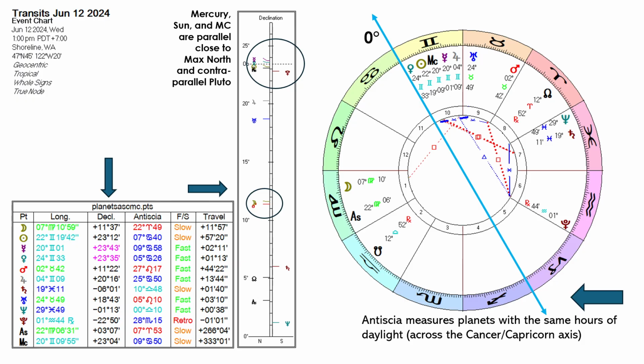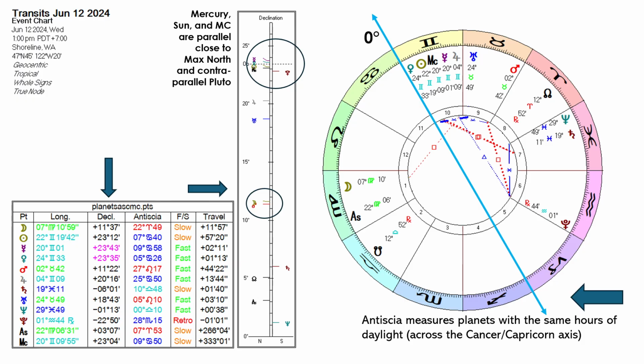And here you see the dividing line for the solstices at the 0 degrees between Cancer and Gemini, Capricorn and Sagittarius. And so that Antiscia, that idea of seeing planets that have equal light during the day and equal night, they are across.